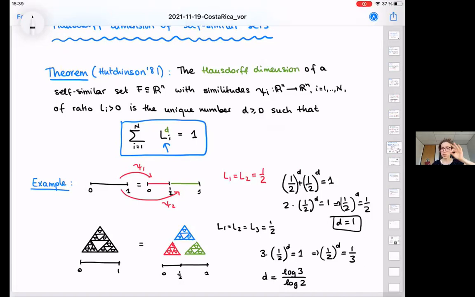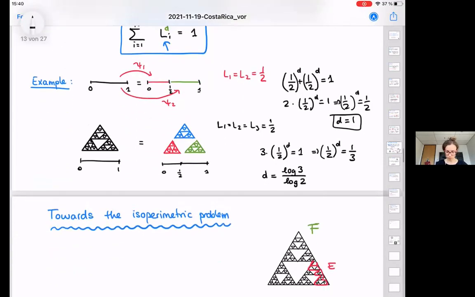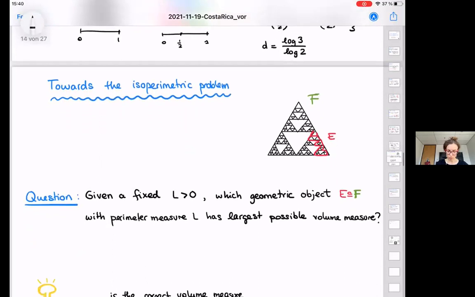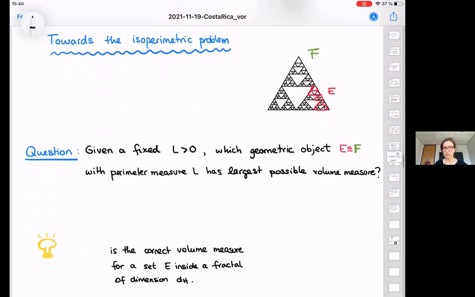So this is the sweet spot where things change. This is the Hausdorff dimension, and this is going to be very important for us because now we can start at least saying the first part or the last part of the isoperimetric problem.